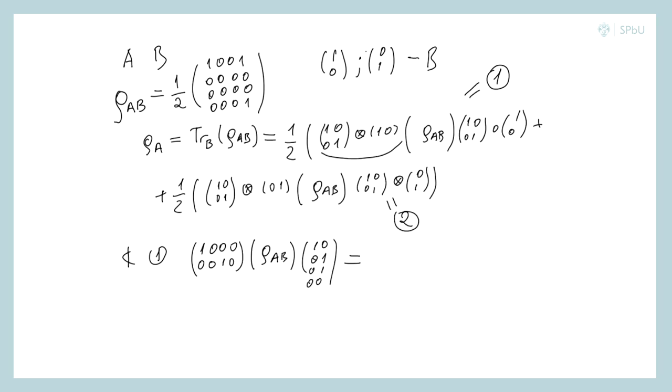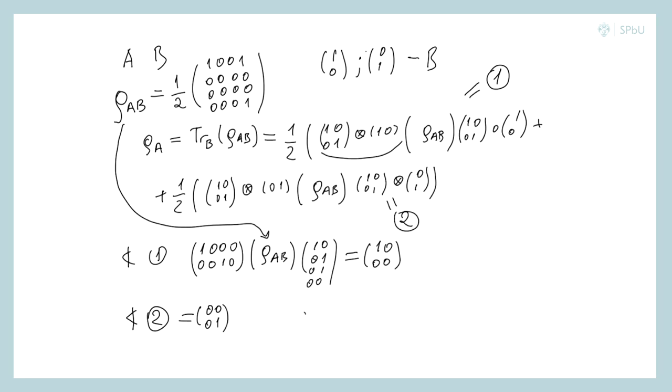So through the definition of matrix rho AB we can obtain that this is a 2 by 2 matrix, 1, 0, 0, 0. Considering the second term in the same way, we obtain that the second term equals the 2 by 2 matrix 0, 0, 0, 1.